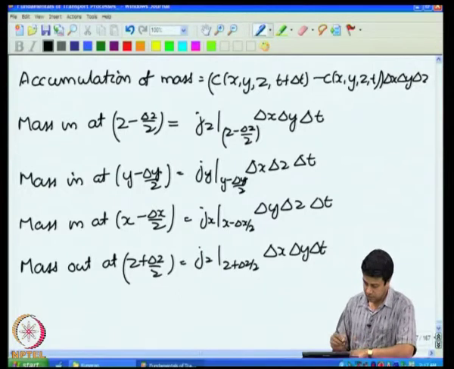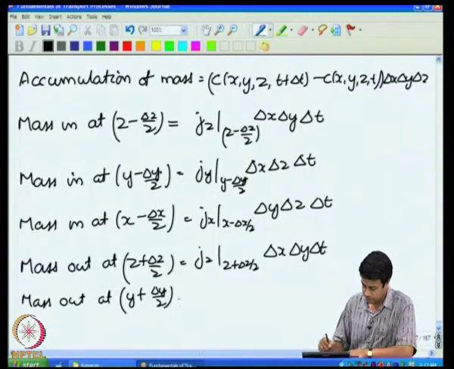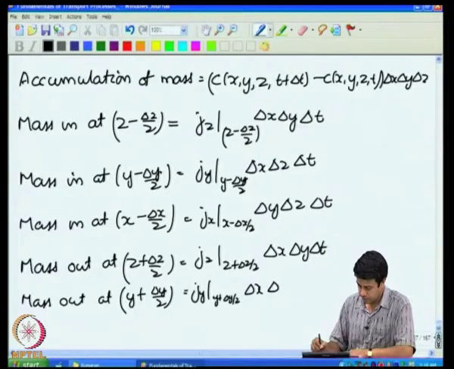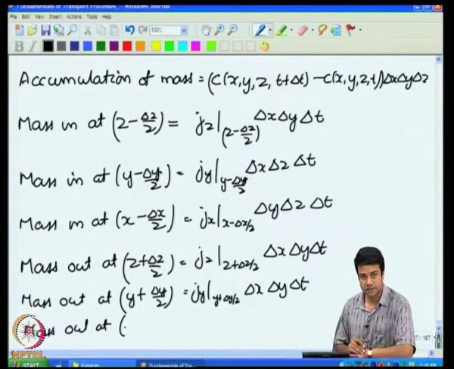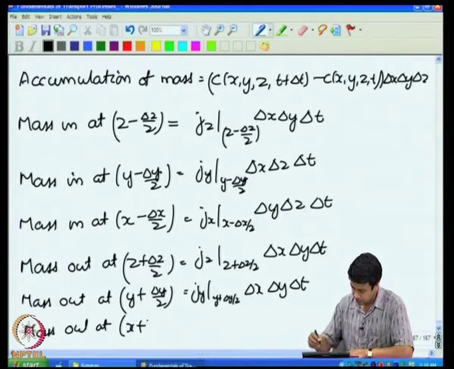And then I have mass out at y plus delta y by 2. Then I have a mass out at the front surface at x plus delta x by 2.